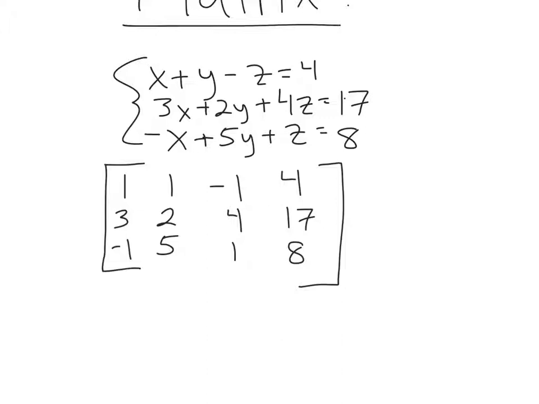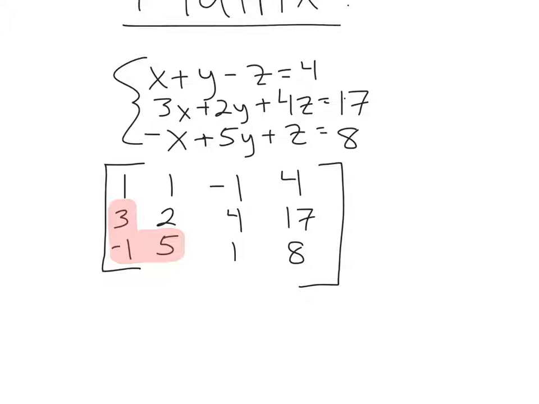We're not trying to eliminate just any set of numbers, we're trying to eliminate these three, okay? Our goal is to see these three numbers become zeros, okay? In order to do that, we want to make sure that across from them, they have the same numbers but opposite signs.